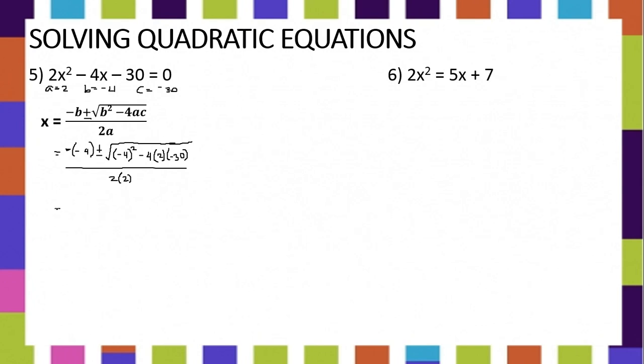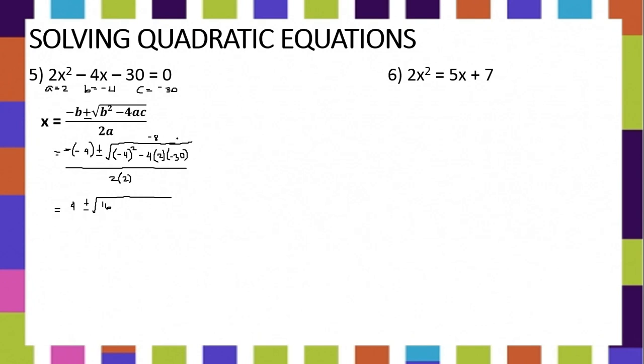So, simplify na natin. Unahin natin itong negative times negative 4, positive 4. Positive, negative, square root of negative 4 squared is positive 16. And negative 4 times 2 is negative 8.